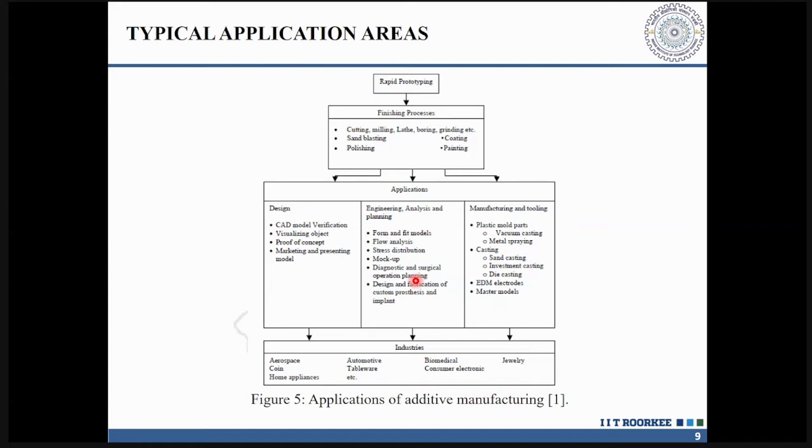But still, this technique is used for either batch production or customized manufacturing. If you go for designing, marketing, proof of concept, or visualizing, additive manufacturing techniques are there in the aerospace sector, automotive, biomedical, jewelry, and consumer electronics. So everywhere this process is being used.